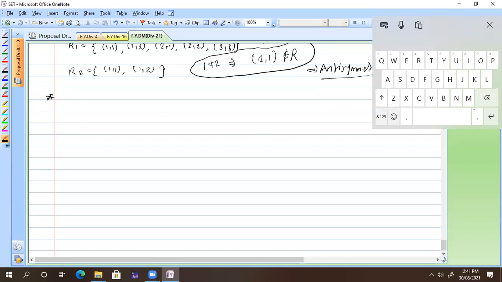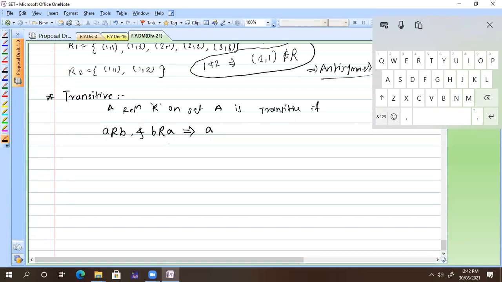A relation R on a set A is transitive if A is related to B and B is related to A, this implies, oh sorry, not like that, not symmetric.